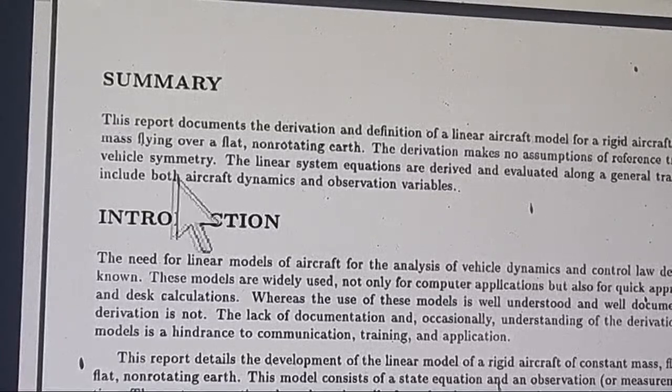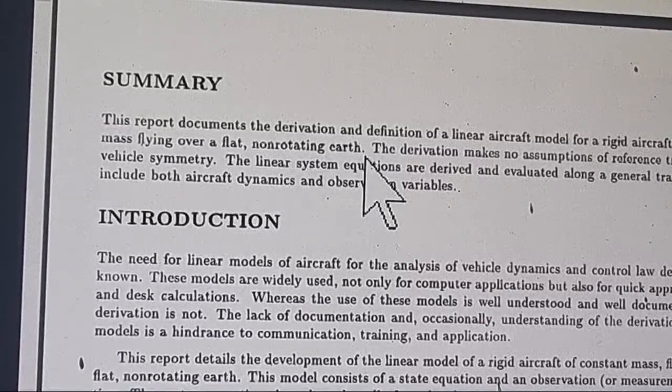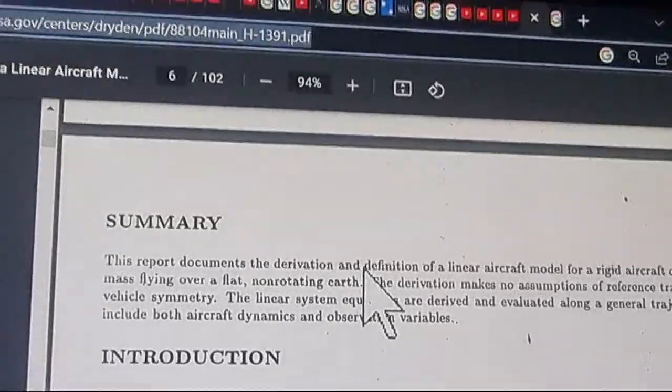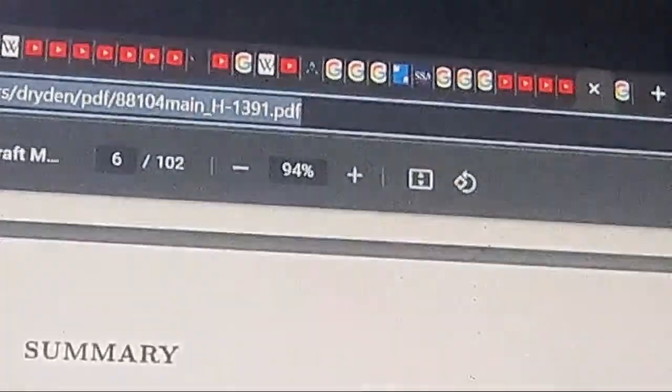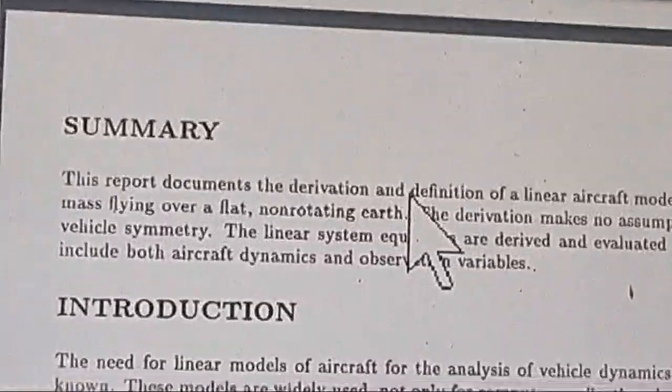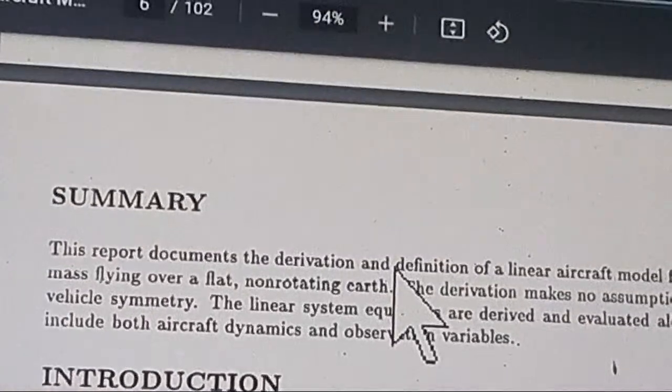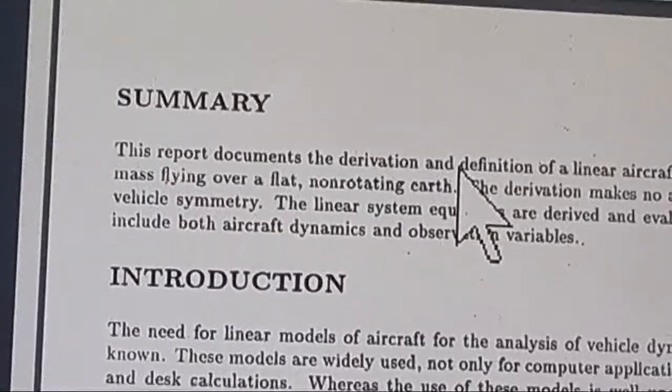Now the summary, I'm going to read this. It's a PDF file, so it cannot be changed. See, I'll show you. It's a PDF file. See the top up there? It says PDF. PDFs are a file that can never change.